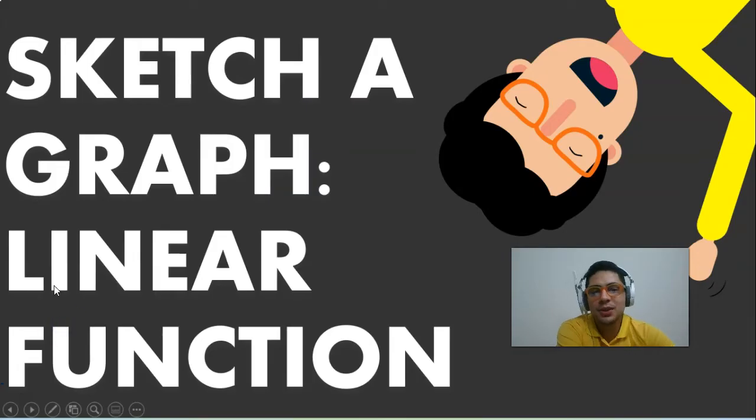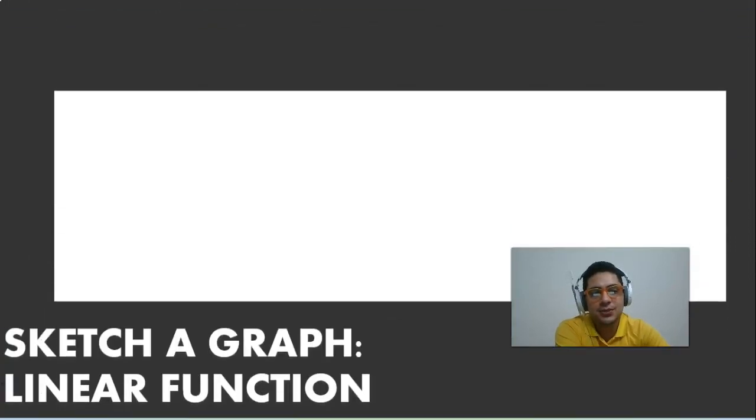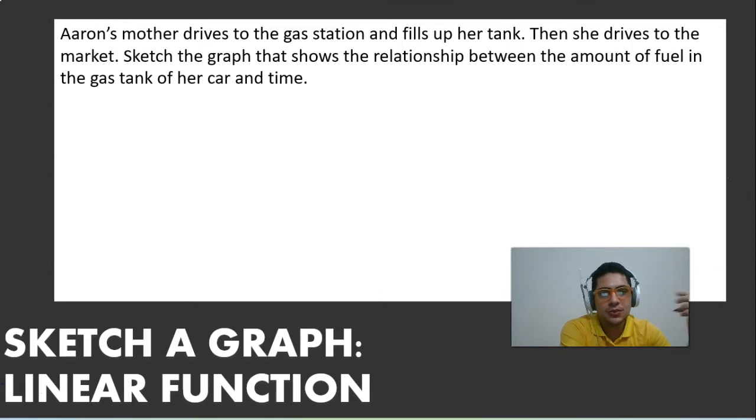Oh my god, everyone, welcome to today's video in which we're going to be learning how to sketch a graph from a linear function description. So in this case, guys, we're going to be given two problems which describe a situation, and they're asking us to write down a linear function with intervals of how the graph would change.